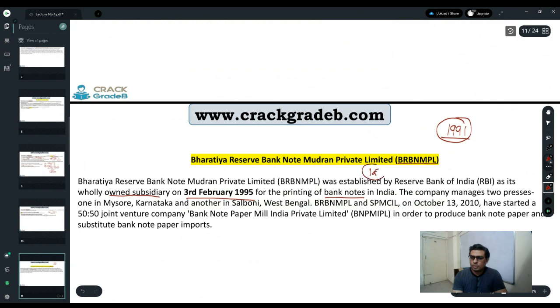Is 1 rupee a banknote? No. 1 rupee is issued by the Government of India. So except the 1 rupee note, all the notes are being printed by whom? Reserve Bank of India.